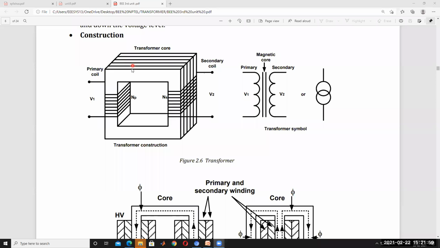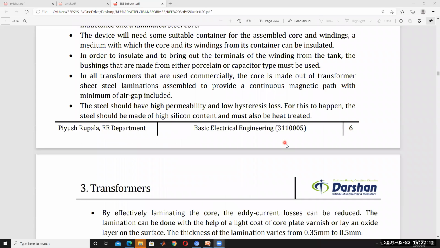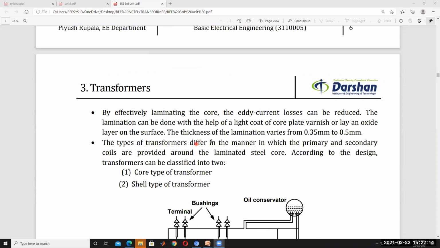If you use solid material, the eddy current losses may increase. So to minimize the eddy current losses, each transformer sheet is laminated. Generally, the thickness of the laminations varies from 0.35 mm to 0.5 mm.